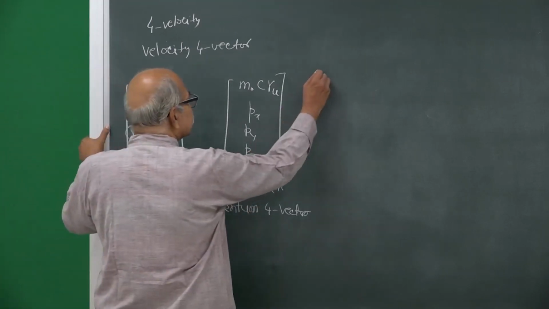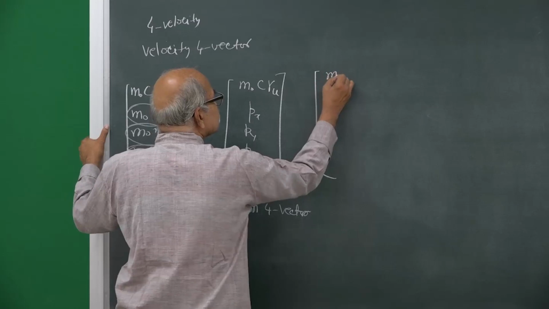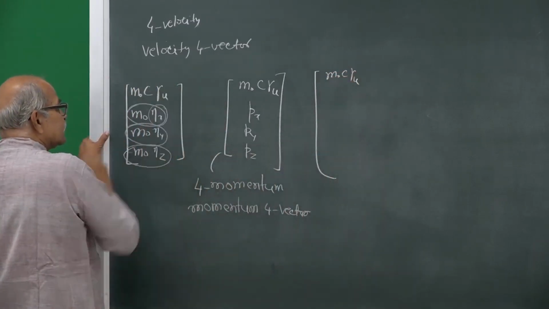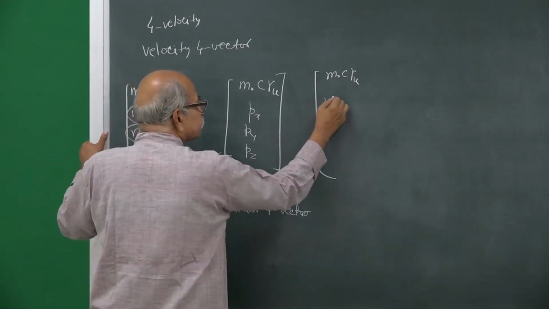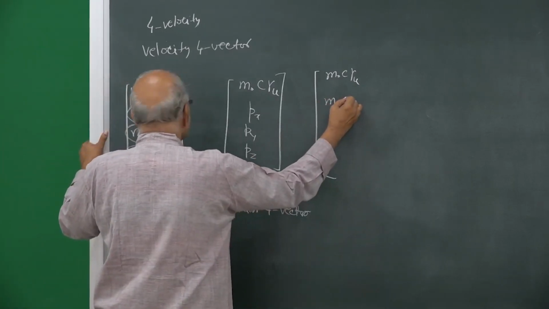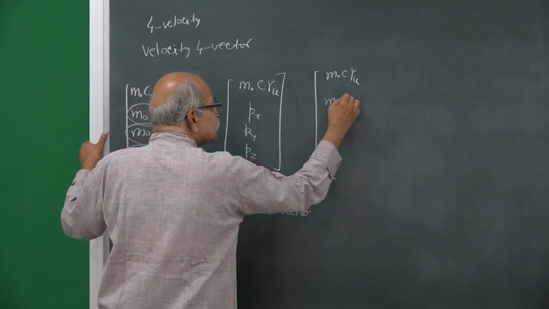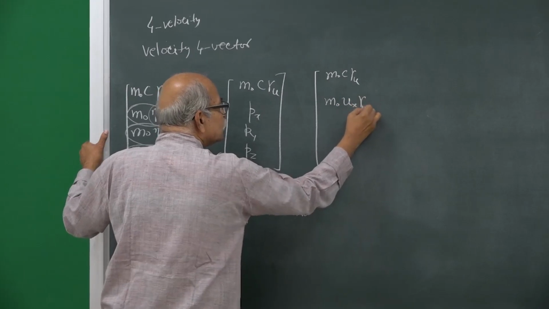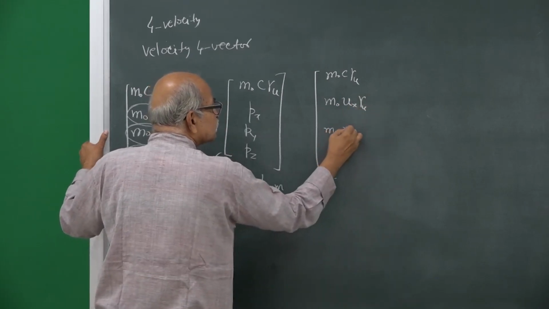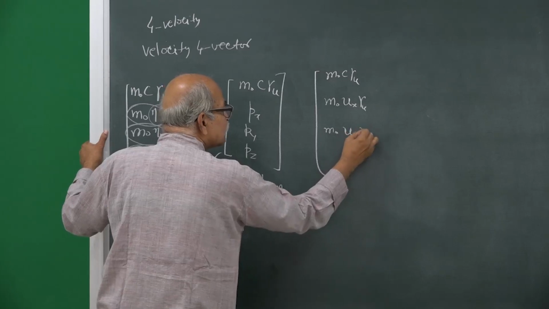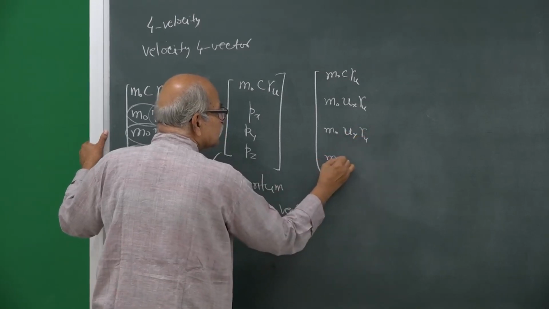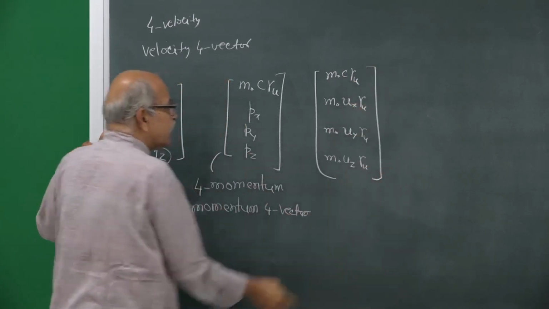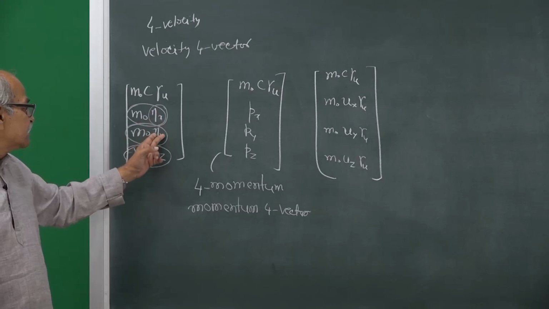You remember how to write it. That will be m naught c times gamma u here. And what is eta x? Eta x is gamma u times Ux. So, Ux times this gamma u, this is m naught, and then Uy times gamma u, this is m naught, Uz times gamma u. So, this is how we had defined our eta x, eta y, eta z.